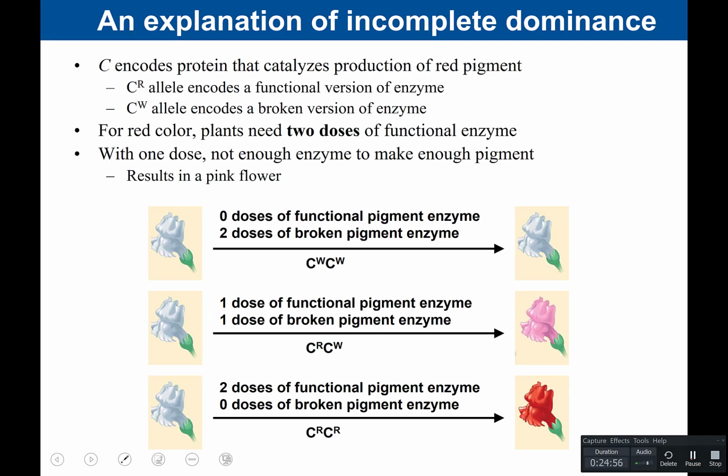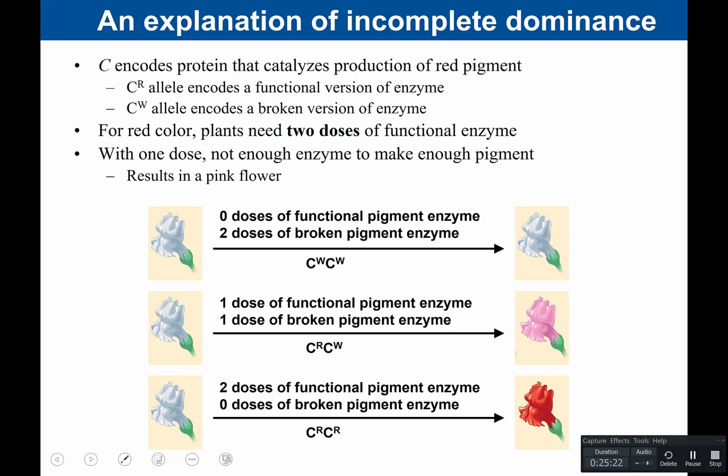So let's talk about why it works this way. Again, the C gene encodes a protein that catalyzes the production of red pigment, meaning it allows the cell to make red pigment. The CR encodes a functional version of the enzyme, meaning it will make the red pigment. CW encodes a broken version of the enzyme.